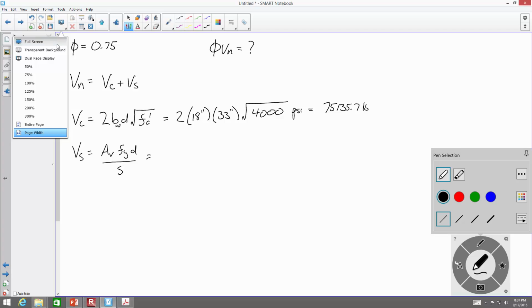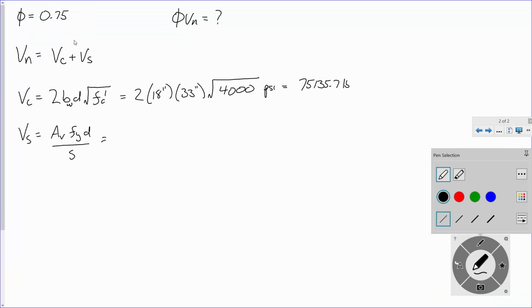Our area of shear reinforcement is 2 times 0.11 square inches times 60,000 psi. The beam depth is 33 inches. And s is 12 inches because the stirrups are spaced at 12 inches. Remember, the closer your stirrups are spaced together, the stronger the beam is because it's more steel.